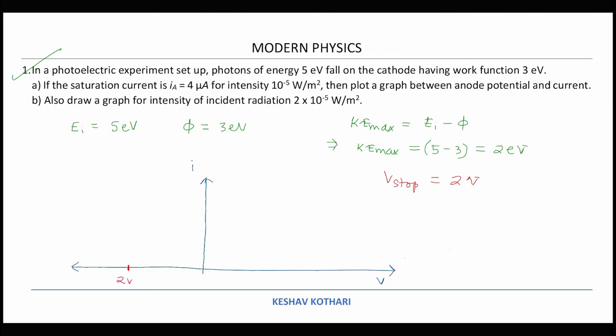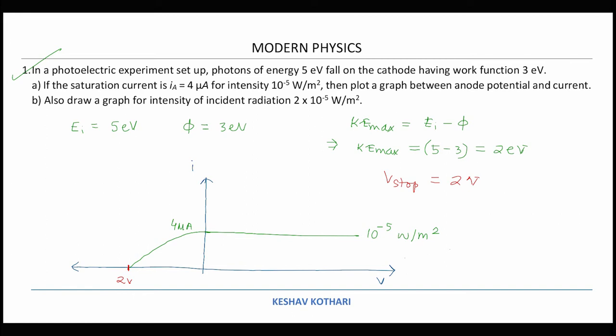Now if we look at the graphical approach, if we draw the graph for the first one, that is 10 to the power minus 5 watt per meter square, the graph is going to be something like this, and the value of saturation current is obtained at 4 microampere and the intensity is 10 to the power minus 5 watt per meter square.